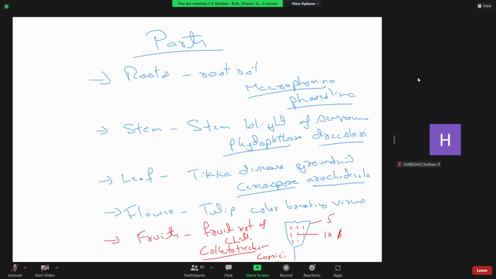And this is how we can classify the diseases based on the plant parts which are affected. And now we will see the classification of plant diseases based on the symptoms, which is very, very important.